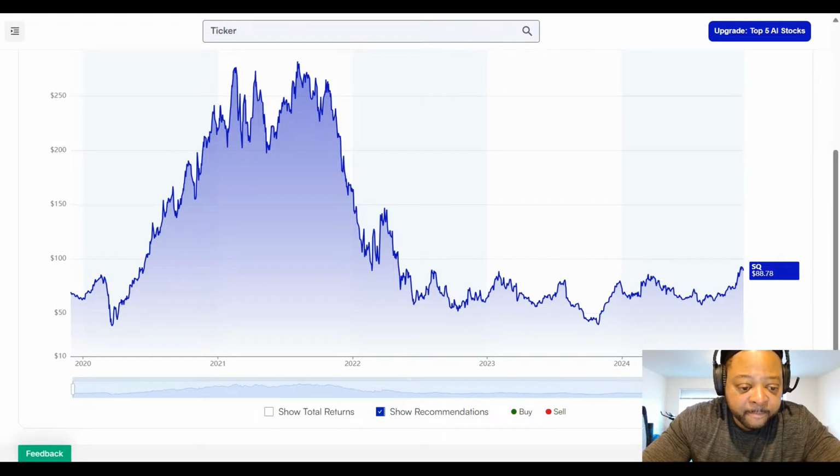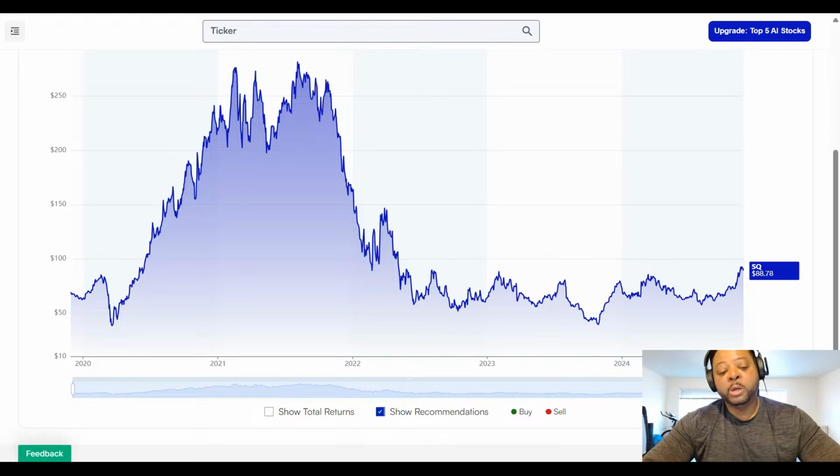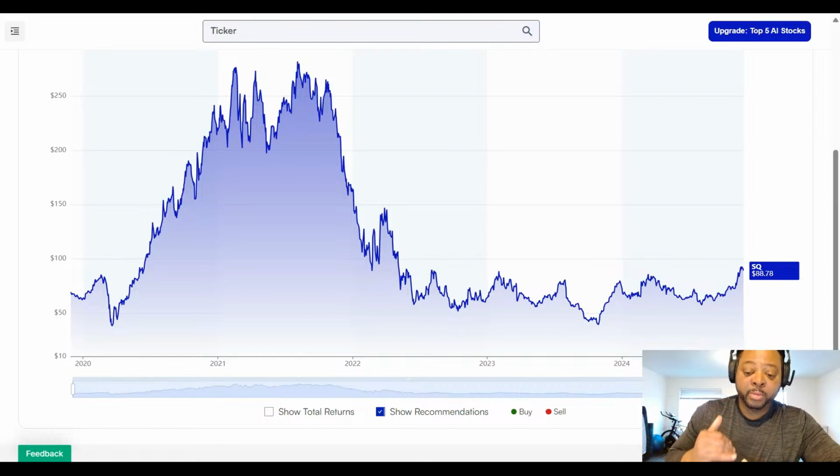$38 a share. But right when that dip came in 2020, this is the time I made some money, because I know the bottom, the support level, the correction. I'm like, yo, this is the bottom. Stocks can't do nothing but go up. Yeah, they could crash a little bit more, but it was so big.